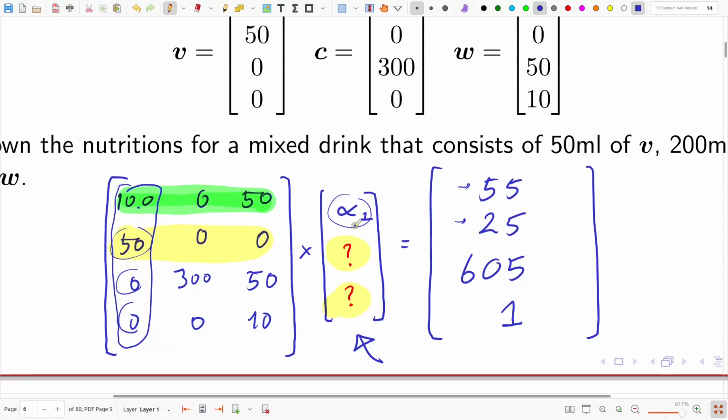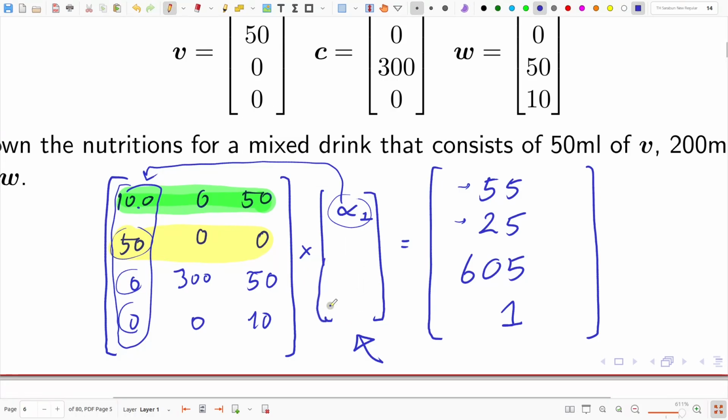So basically alpha 1 will multiply these vectors. Similarly, if I call this alpha 2 and alpha 3, alpha 2 will multiply with these column vectors.